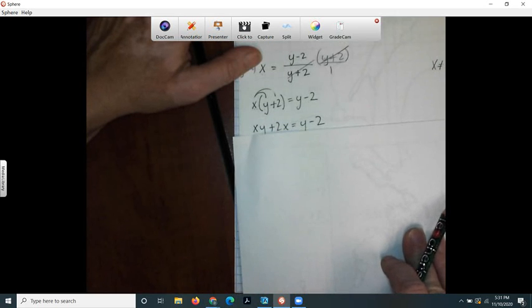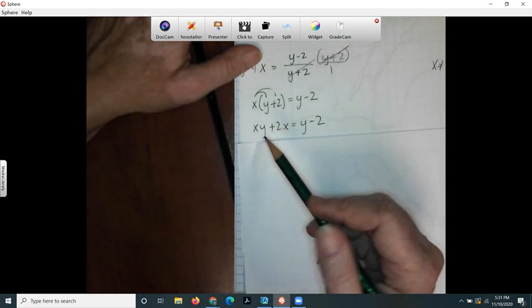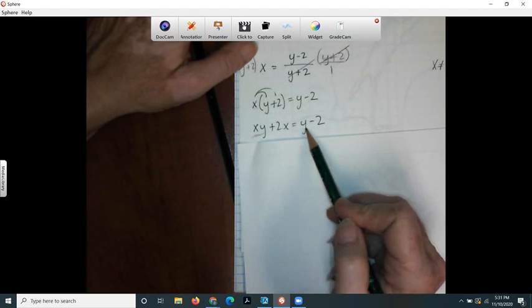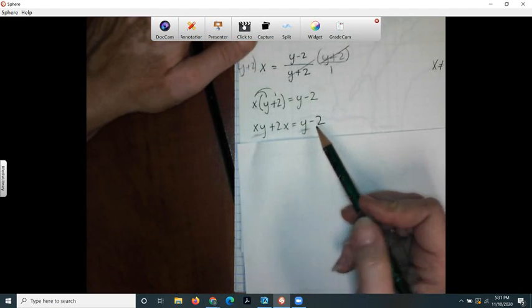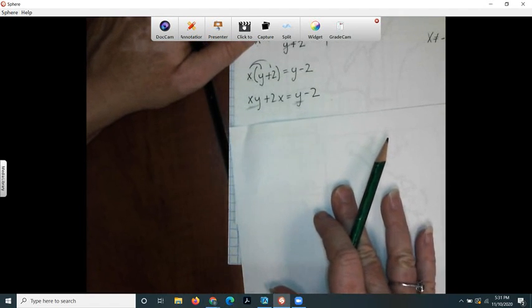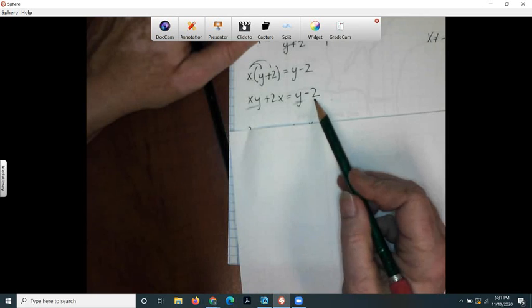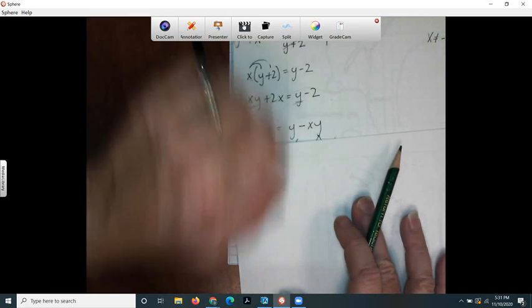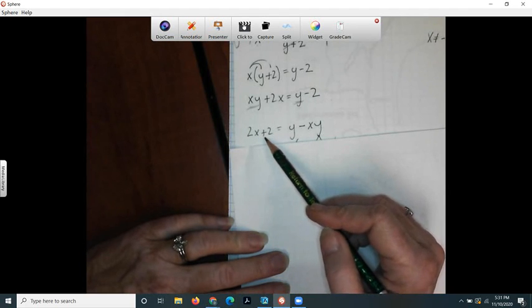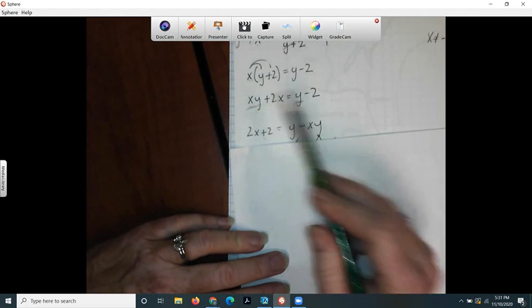Once I distribute it, I have a y term here and a y term here. I decided to bring all my y terms to the right-hand side of the equation. So I added 2 to both sides. I know, I kind of skipped some steps. I added 2 to both sides, and I subtracted xy from both sides.